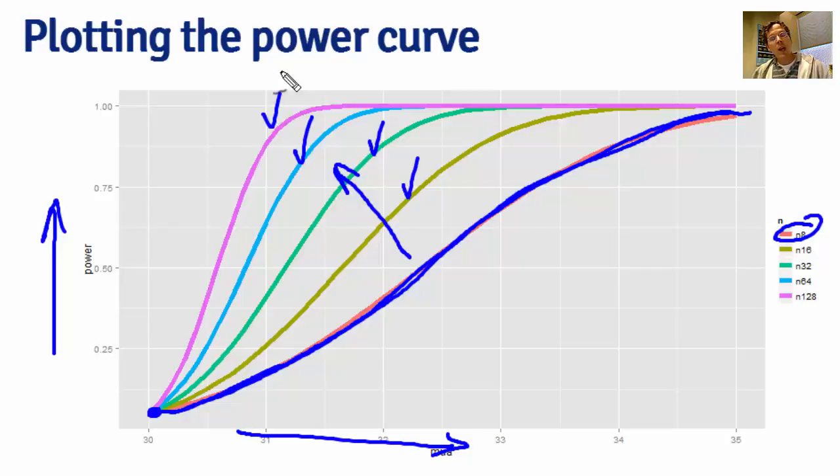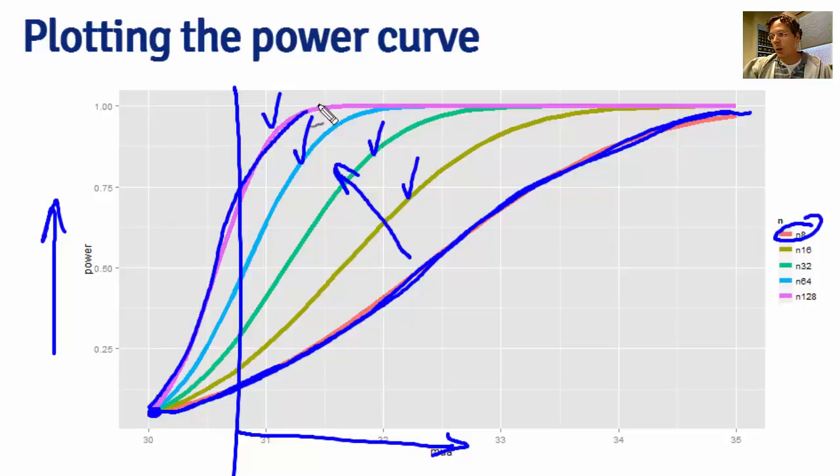In other words, as we collect a lot more data, we should be more likely to detect a specific value of mu a. And so that's why the n equal to 128 curve is uniformly above the n equal to 64 curve, and so on.